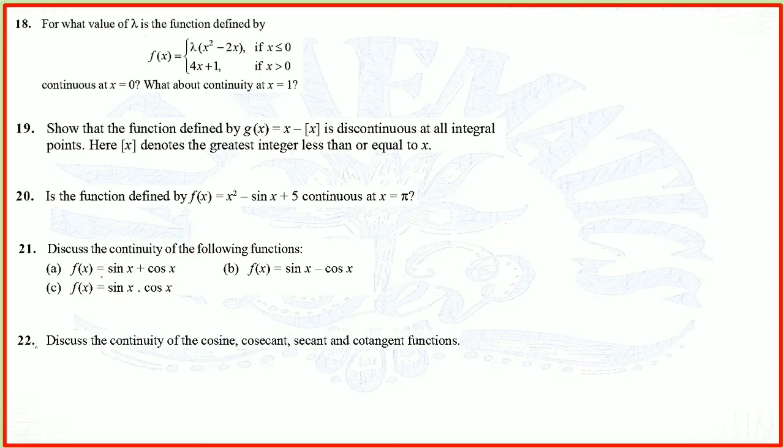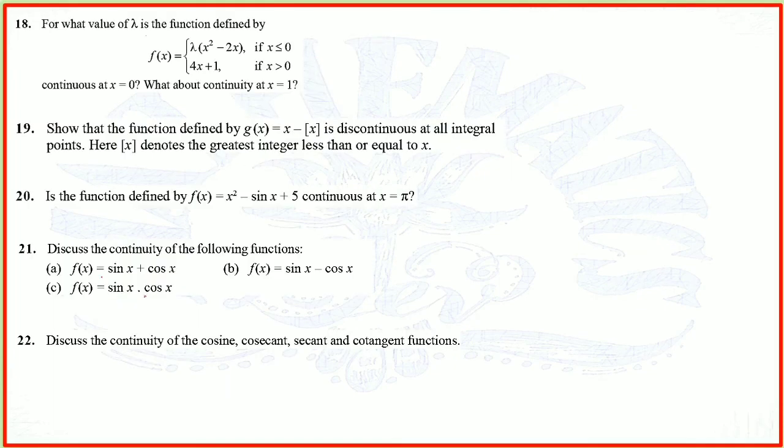Then next 22nd, discuss the continuity of the cosine, cosecant, secant, tangent, cotangent, like that. There are 6 trigonometric ratios that any can be asked at any time. So for this question, how will you start? For example, this comes, then you will be writing f of x is equal to sine x. Let this be a sine function.